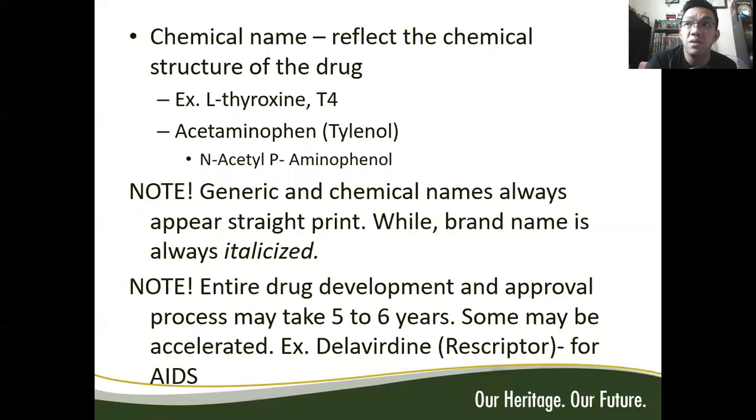We no longer can see this on the drug label. Only the generic name and the brand name is usually seen on the label. Note, generic and chemical names always appear in straight print, while the brand name is usually or always italicized.